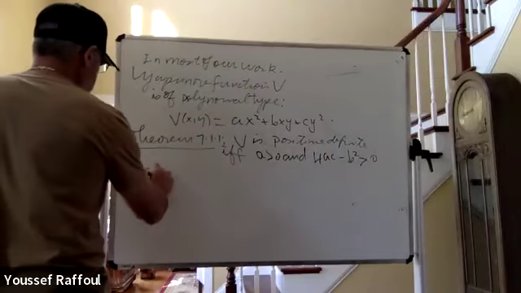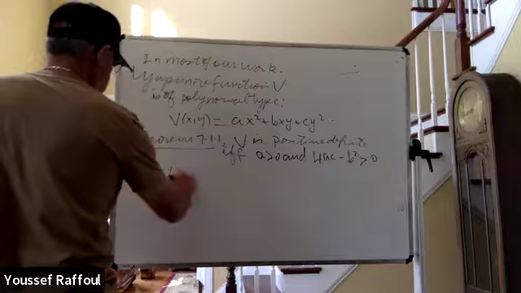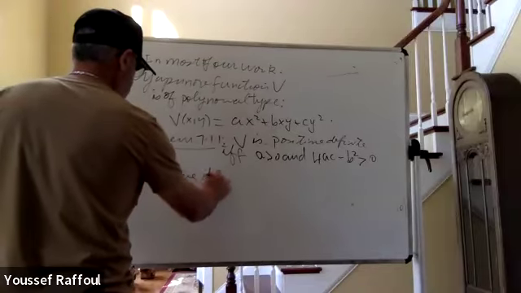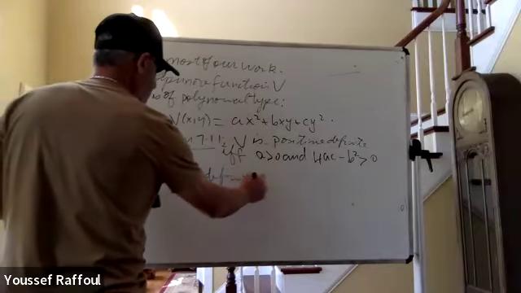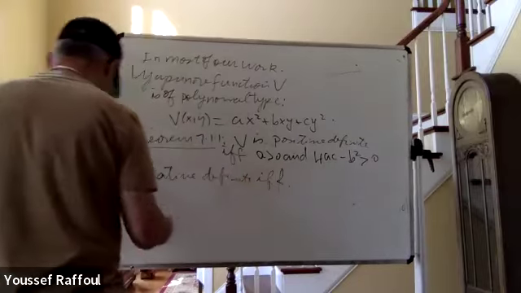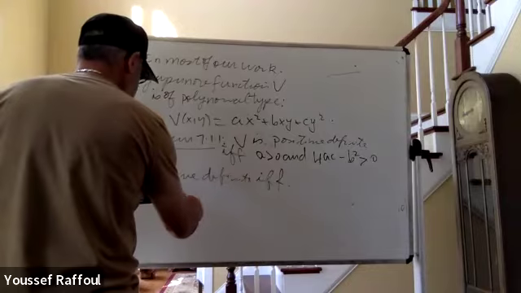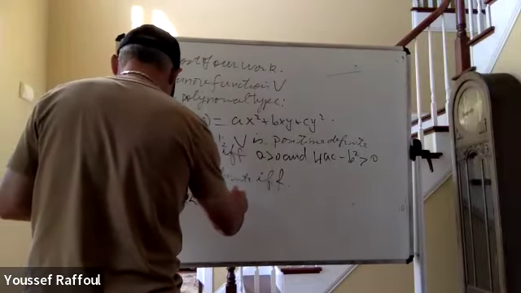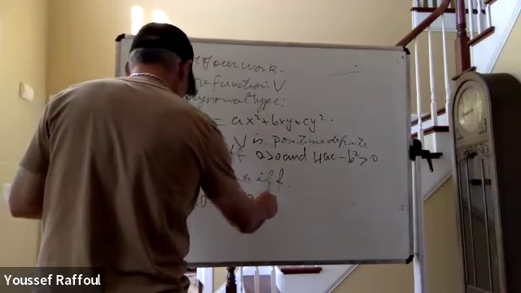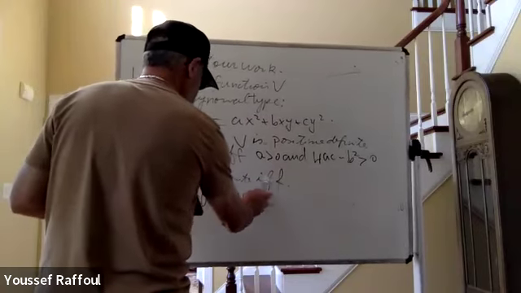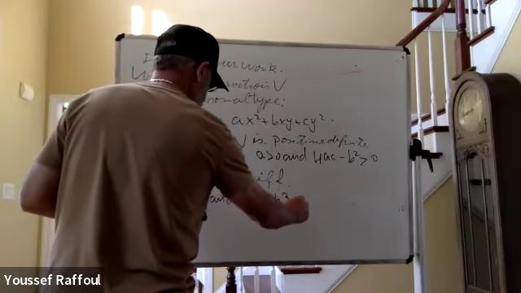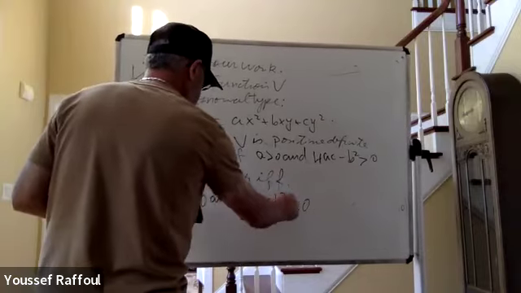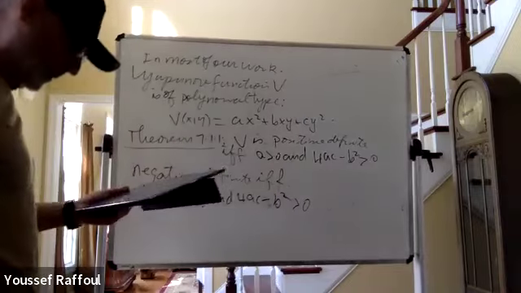Negative definite if and only if a is less than 0 and 4ac minus b squared is positive. Again. Okay?